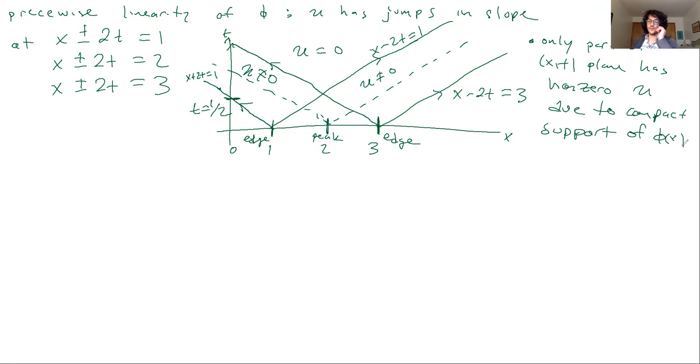Moreover, you have 0 for your initial velocity, okay? So this is what happens now to your solution, right? It propagates left and right from your initial conditions, okay?